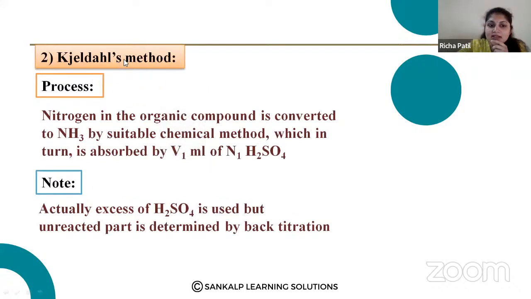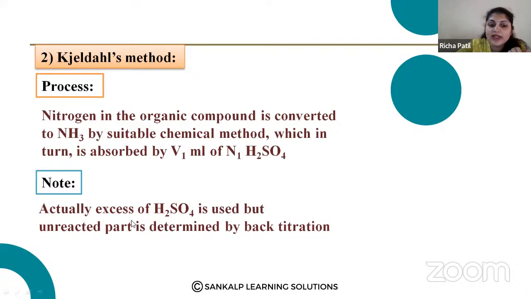Next is Kjeldahl's method. What is the process? Nitrogen in the organic compound is converted to ammonia. In the Dumas method, you convert the nitrogen into elemental molecular nitrogen, N2. Here, the nitrogen in the organic compound is converted to NH3 by a suitable chemical method, which in turn is absorbed by V1 ml of N1 H2SO4.